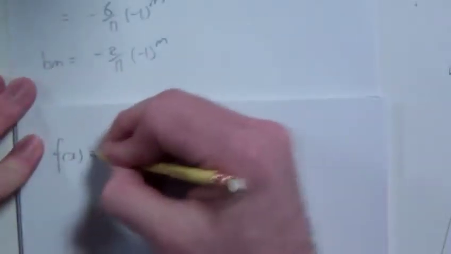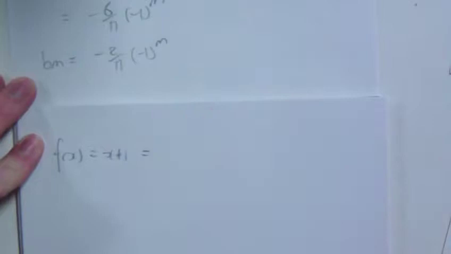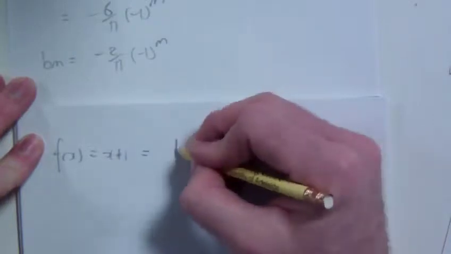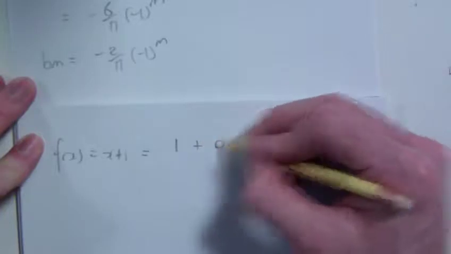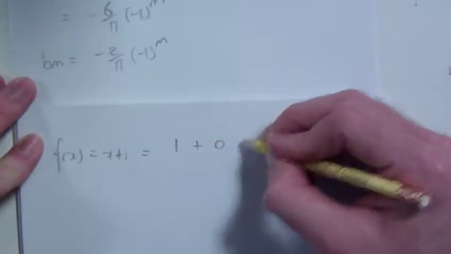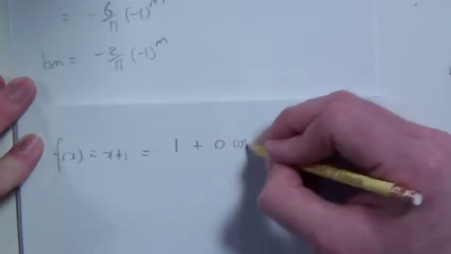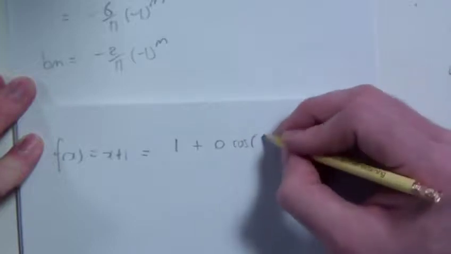So we have that my f of x, which was x plus 1, well, within that domain anyway, the A0 was 1, and then all the other cosines were 0. I'm just going to put them in explicitly, right?